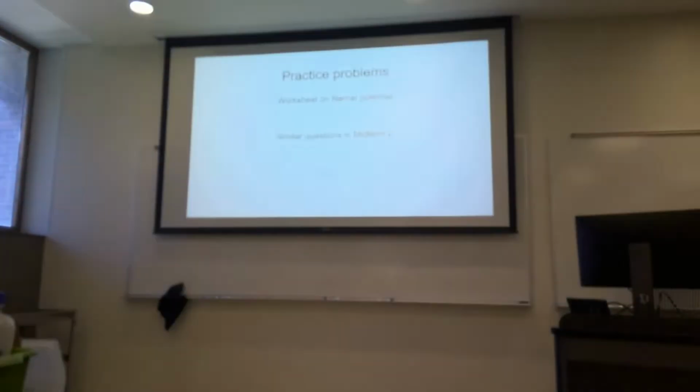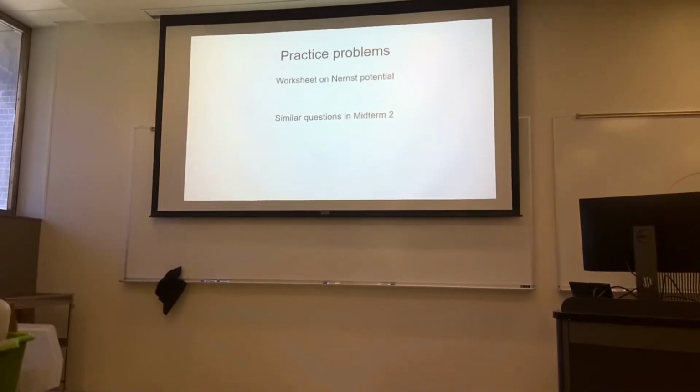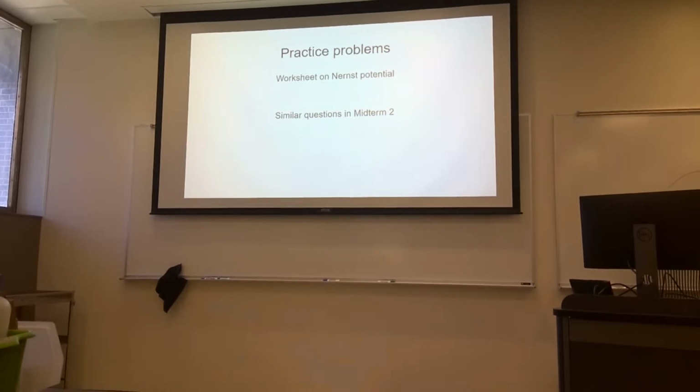Good. I will be uploading later today another example of practice problems so that you can practice for the midterm. It's going to be a similar thing: this is the concentration, this is your ion, how is this ion leaving or entering the cell?